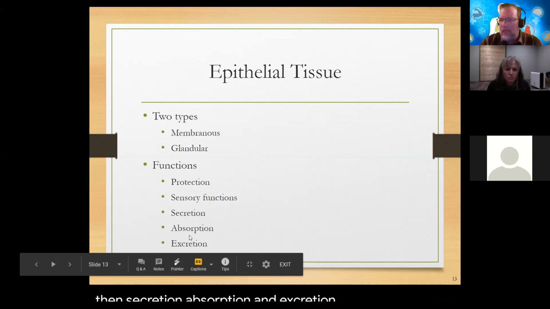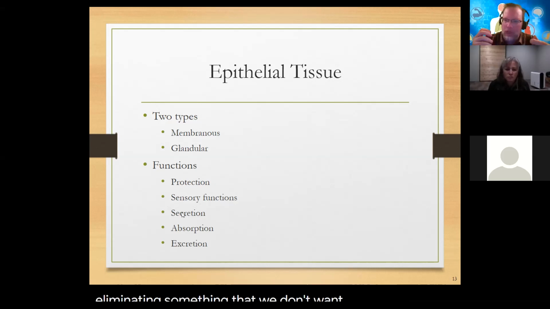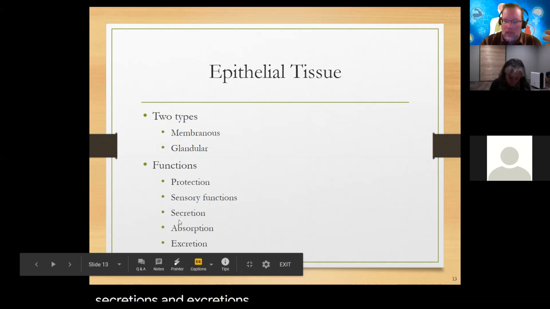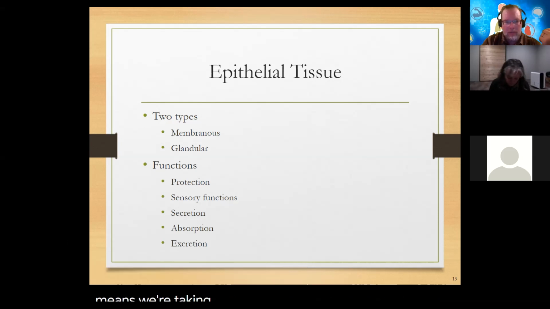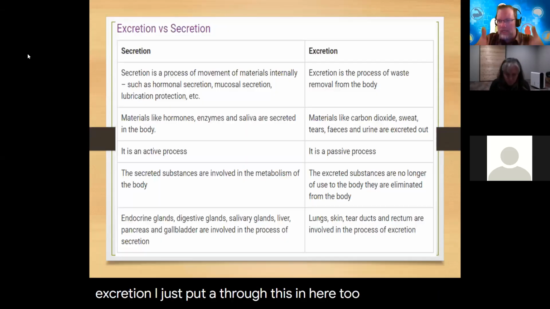Excretion is like eliminating something that we don't want. Secretion is spritzing something into a tube that we probably need. So secretion and excretion are similar. Absorption, of course, means we're taking something in. I threw this in here too, to kind of break down the difference.